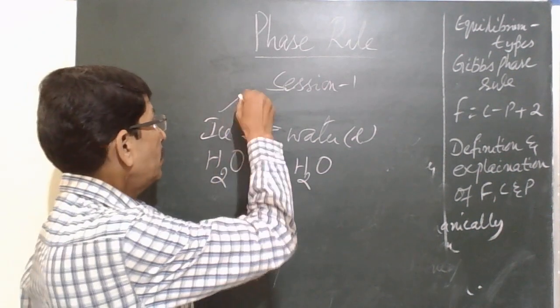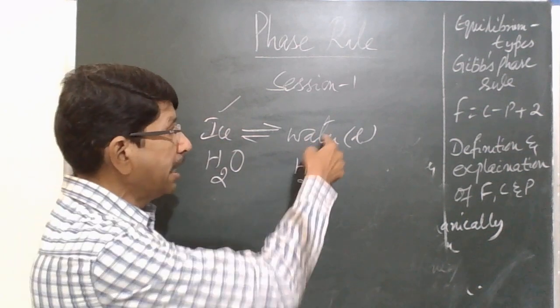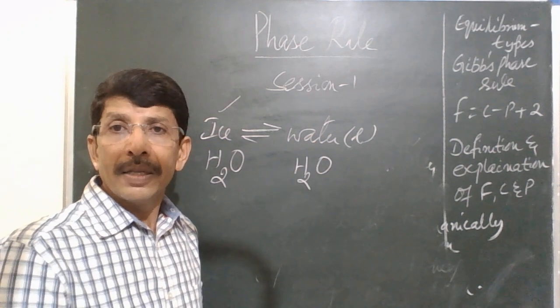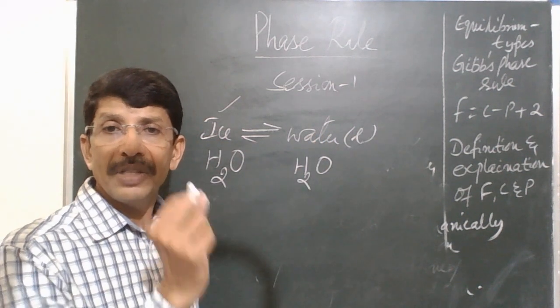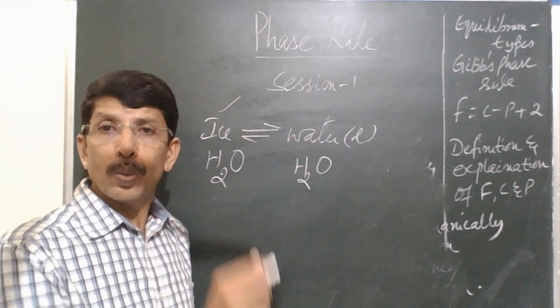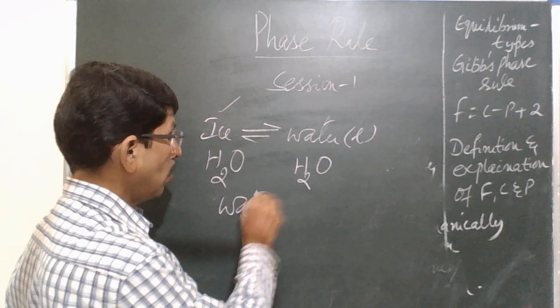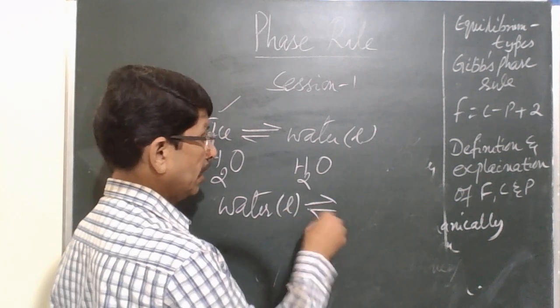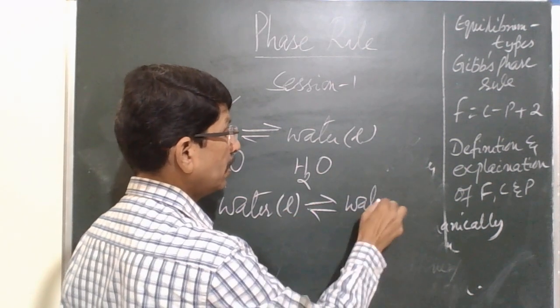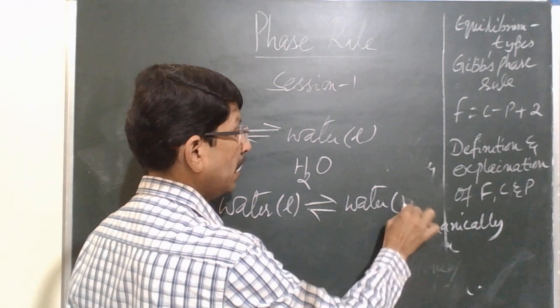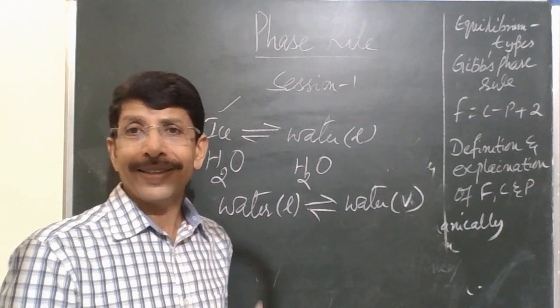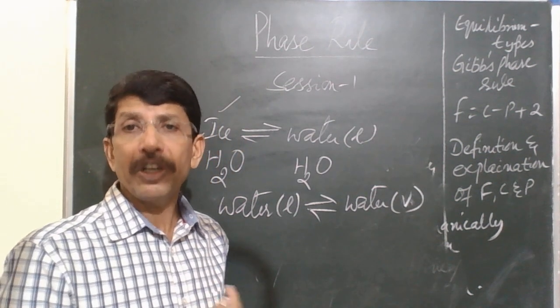So whether it is a solid phase or liquid phase of water, the composition is represented with the help of H2O. Or if you have liquid water in equilibrium with water vapor, this is another type of equilibrium.